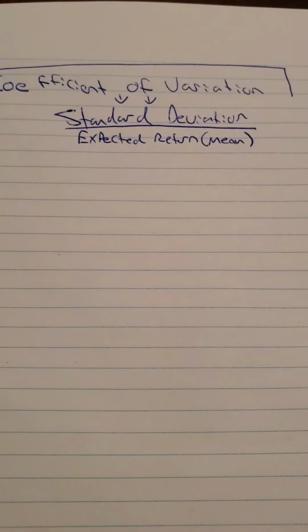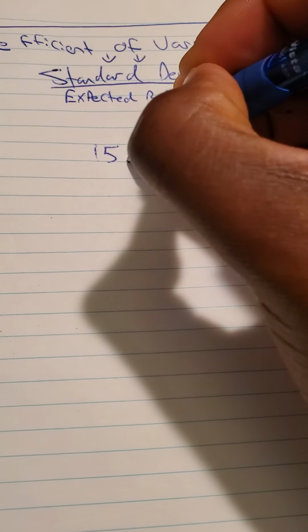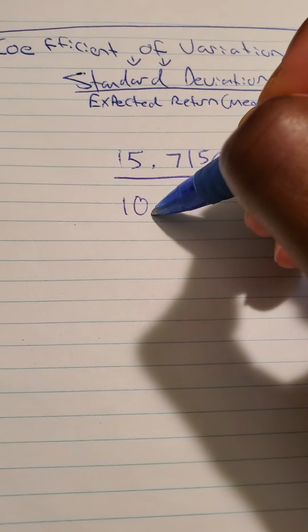We can now use our formula to solve for the coefficient of variation. We're given a standard deviation for the population of 15.77150, and we can divide that by our mean, which we're also given using our calculator, 10.08.